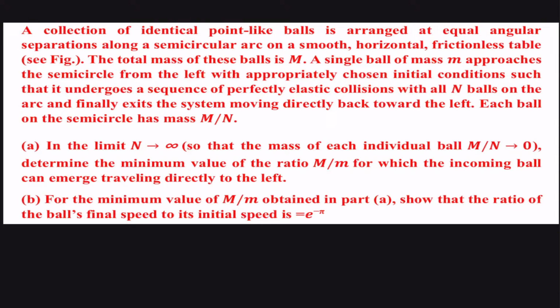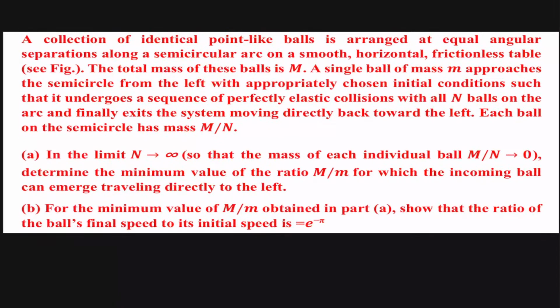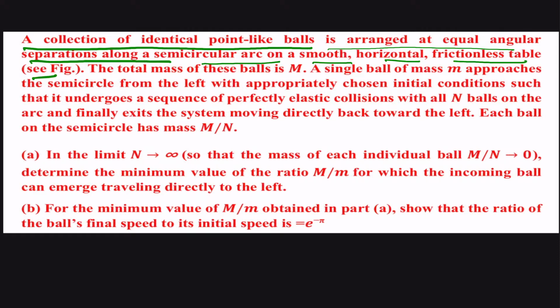This states that a collection of identical point-like balls is arranged at equal angular separation along a semicircle arc of a smooth horizontal frictionless table as in figure.